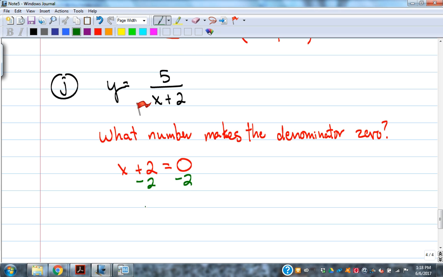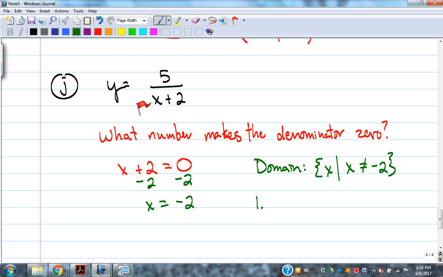Subtract 2. If x is negative 2, the denominator equals 0. So what that tells me is in the domain, in set notation, x can be anything as long as it's not negative 2. And that just says x such that x does not equal negative 2. As long as x is not negative 2, we're okay.